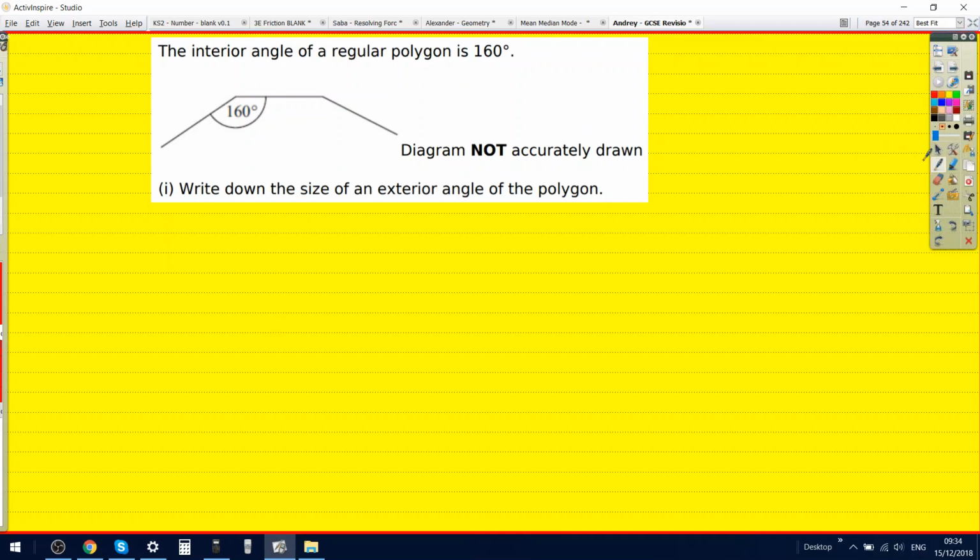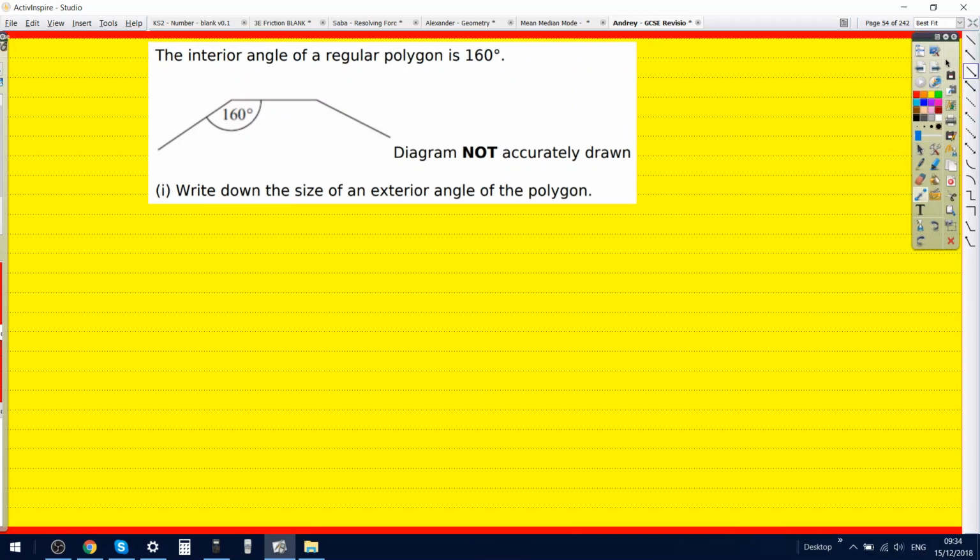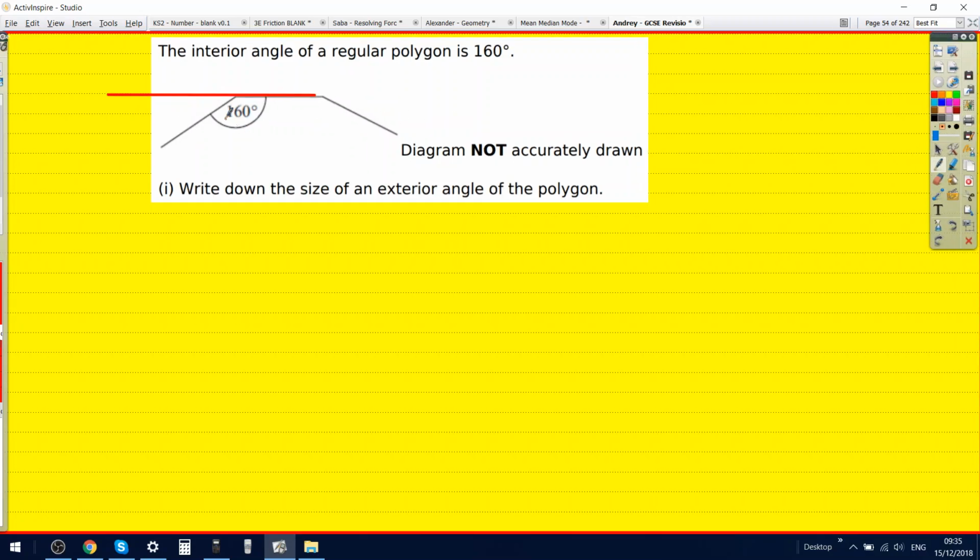So that's not the external angle. The external angle is the little angle between the straight line. Oh, so that's the alternate. That's the exterior angle. Would it just be 20? So it's just 20. Yeah. So it's not the full 360. It's just 180.